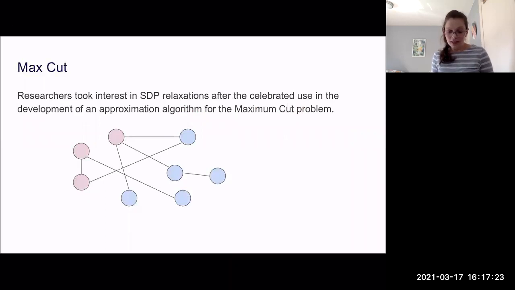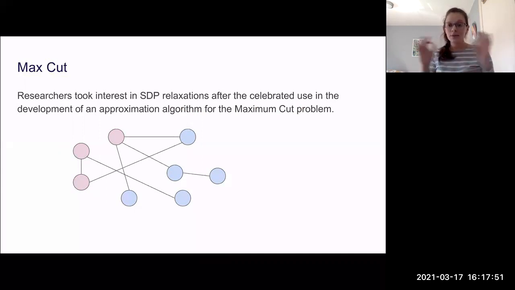So my PhD advisor, David Williamson, and his advisor, Michel Goemans, came up with this idea of using semidefinite programming relaxations in the context of one combinatorial optimization problem called the max cut problem. This was in the 90s. It renewed a lot of interest in this kind of optimization. So for the maximum cut problem, we have a graph, and we have weighted edges between the nodes of the graph.